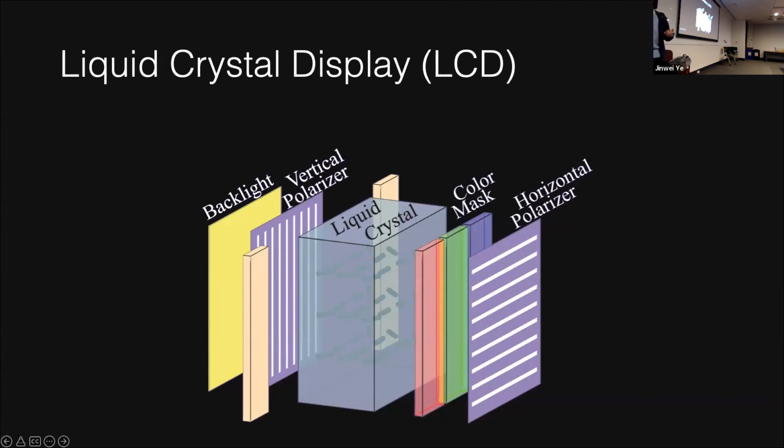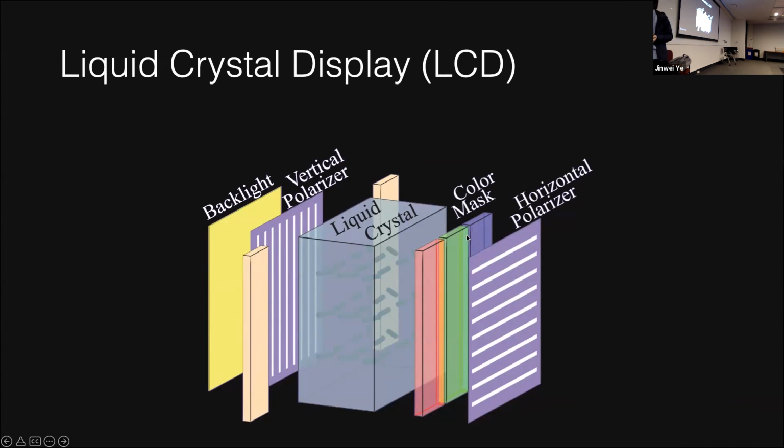A liquid crystal display usually has these layers: backlight, vertical polarizer, liquid crystal layer, color mask, and another polarizer that is perpendicular to the one in the back. So basically, it's a liquid crystal layer sandwiched between two orthogonal polarizers.